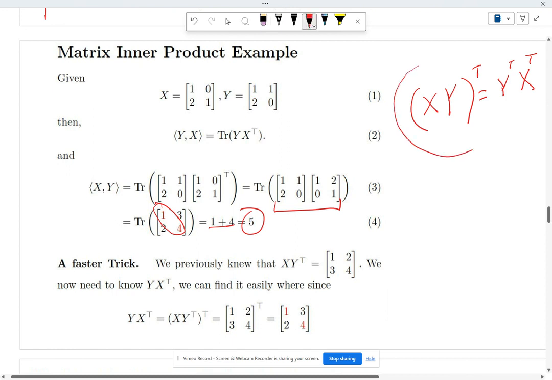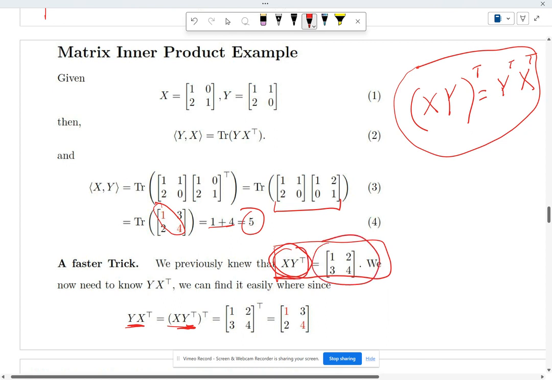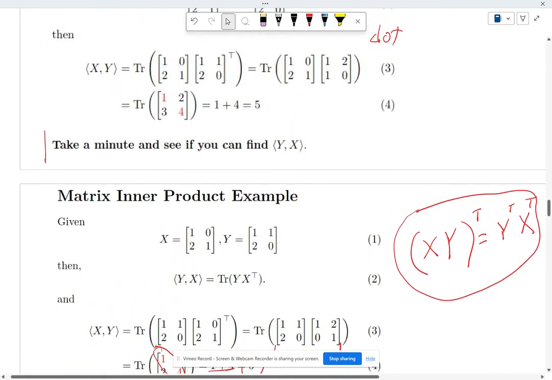So if you had known this one, you could quickly see that this is what we need, and this is what we knew from the previous. We previously knew that when we multiply them together, it's 1, 2, 3, 4. Let me show you again. See, 1, 2, 3, 4.